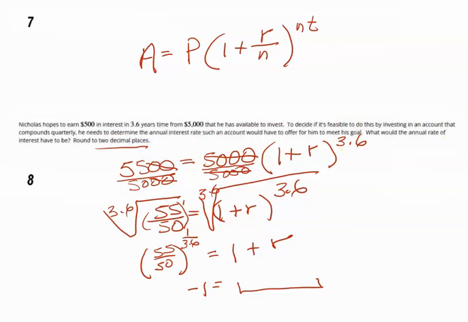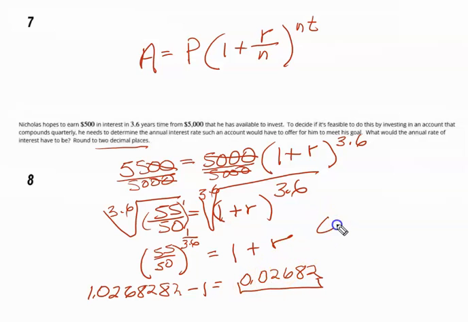All right, I'll do it on my end. You give it a try on yours. So this side, when I took this 3.6 root of this, I got this decimal. I'm going to subtract 1 from it. I get this, and there's 2 there I could add. I want to round to 2 decimal places as a percent.